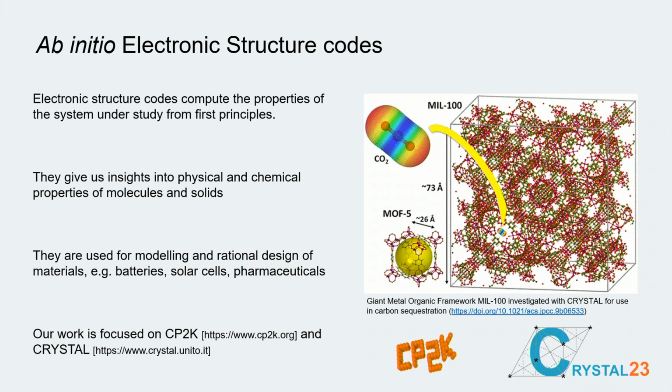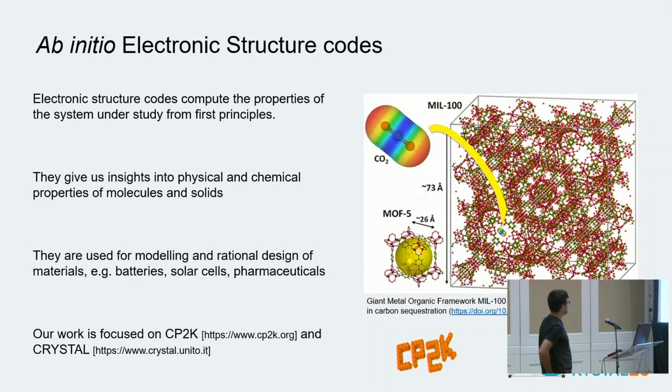Okay. So I'll start by talking a bit about ab initio electronic structure codes. I think some of you are already familiar with what I mean by this, but essentially what they do is compute the properties of a given system under study from first principles. We essentially simulate all the atoms and electrons in our molecule or crystal, or however you want to call this system.